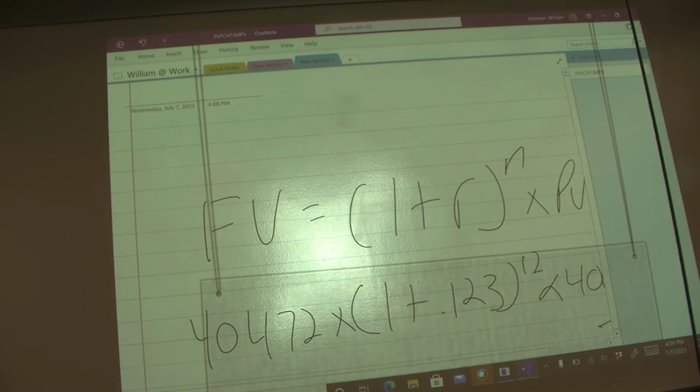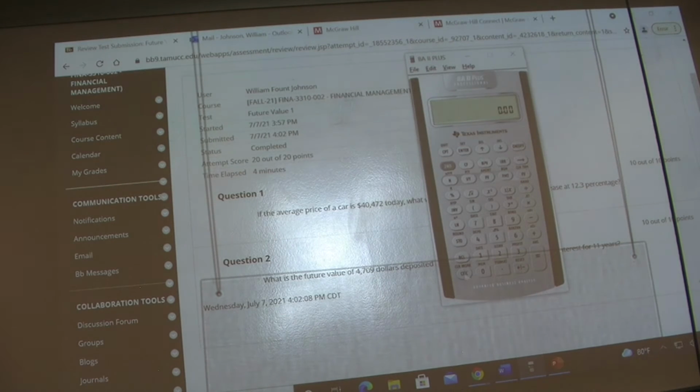All right, so we can go to our financial calculator, and we're going to solve this the longer way. What we have to do is start from inside the brackets. So on our financial calculator, we want to take 1.123. That's inside our bracket, and we want to go to the power.